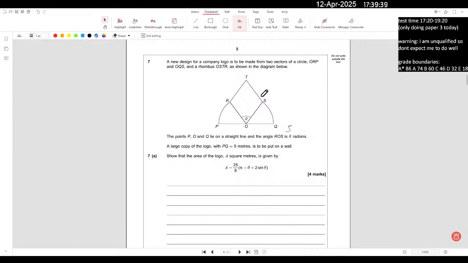Okay, there are two sectors of, I believe, the same circle. So this is 2.5 and this is 2.5. And these are sectors of the circle. So this is, because it's a straight line, 2 pi minus theta over 2. So it's pi minus theta over 2, pi minus theta over 2.